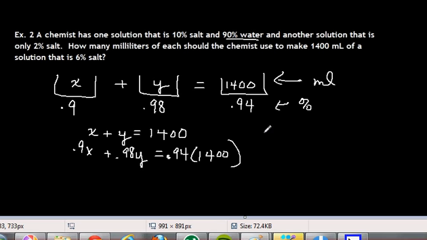And then you can get rid of your decimal points. This time we're going to have to move this one over 2 places, so we're going to have to move everybody over 2 places for these two.